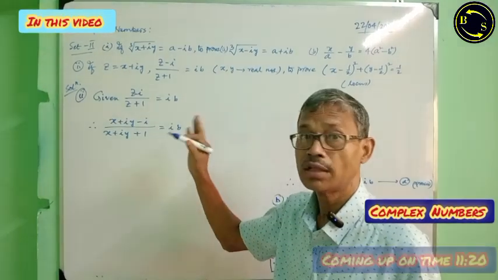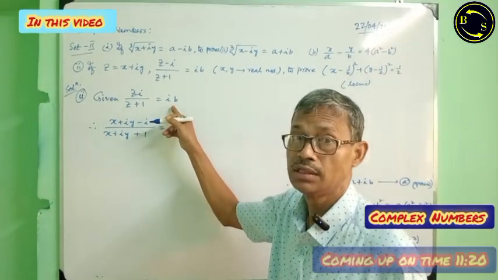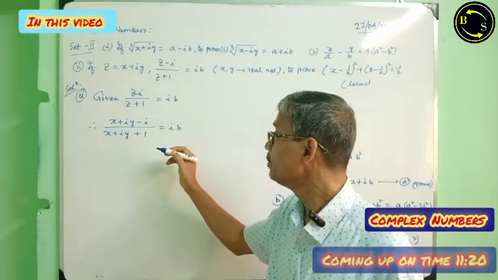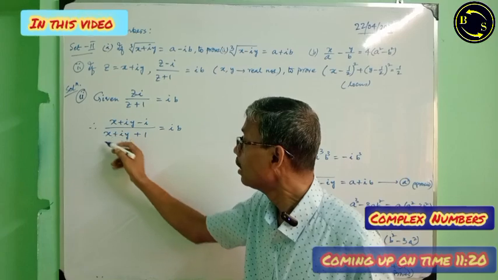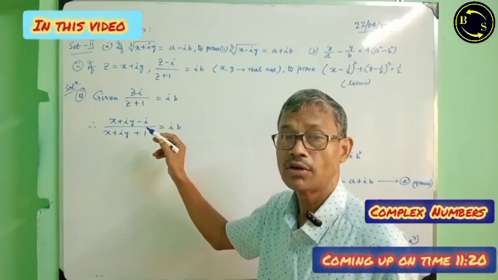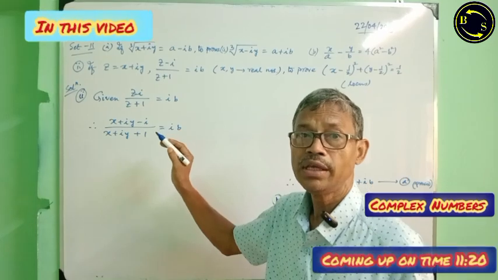You note the other thing, ib. That means there is no real part. That means the simplified value of this fraction or expression will be imaginary.